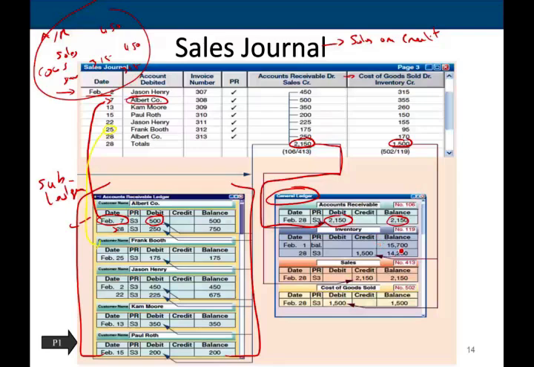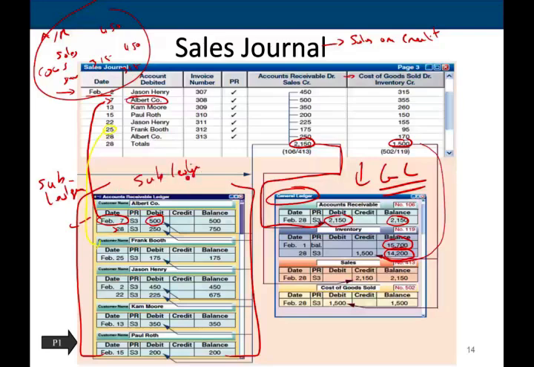And the inventory, the same thing. The balance was 15,700. Then we credited 1,500, and now the balance is 14,200. And same thing, we update the sales general ledger and the cost of goods sold general ledger. So those are the general ledgers, and those are the subledgers.